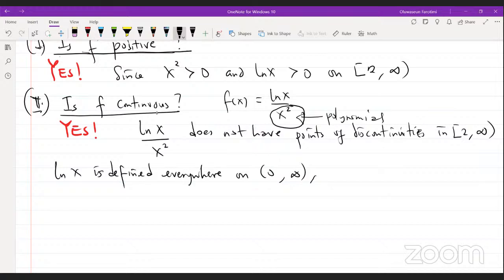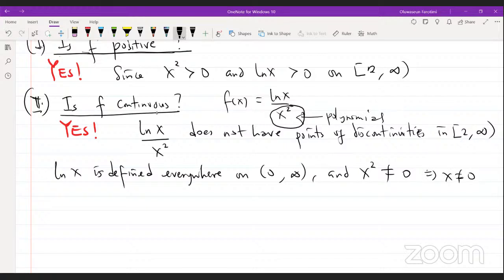And x squared, of course, is different from 0 in that same interval. So ln of x is defined everywhere, and this is not equal to 0. If x squared is not equal to 0, that means x cannot be 0.